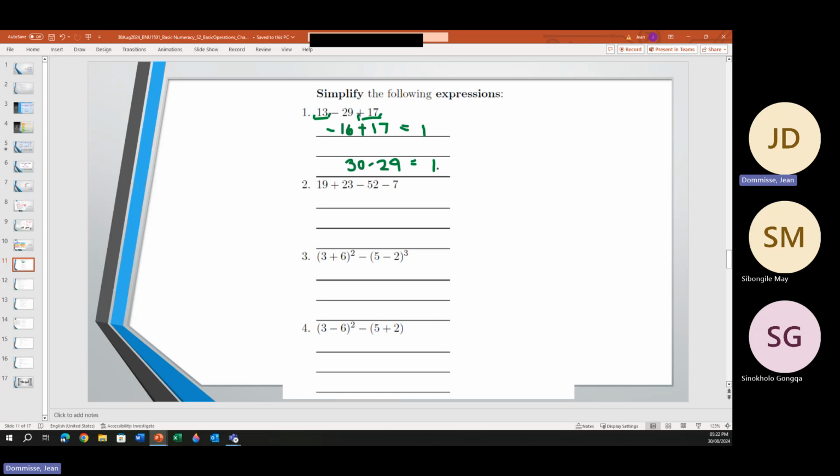You can use that same approach when the variables are the same. So if some of them had a's with them, you could add the two terms that have the a's together. So you can use it in those different setups.